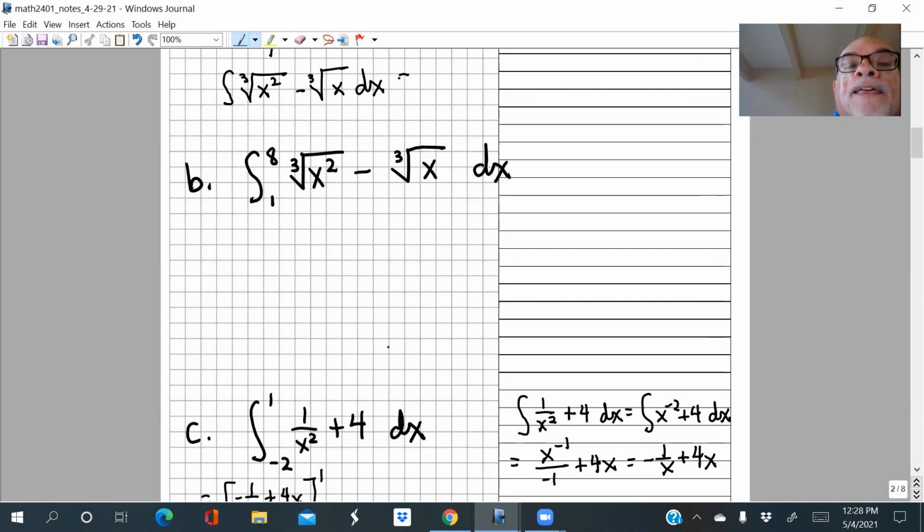So let's see if we know how to do that. So let's convert, as always in calculus, these roots back to powers of x. So how would you write the cube root of x squared as a power of x?